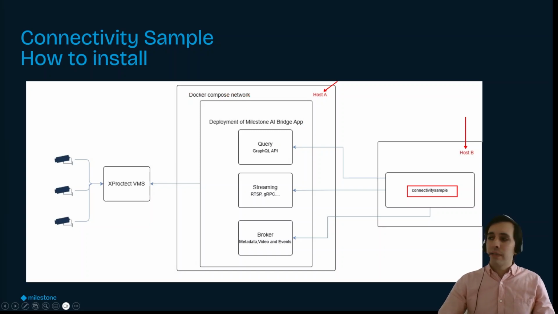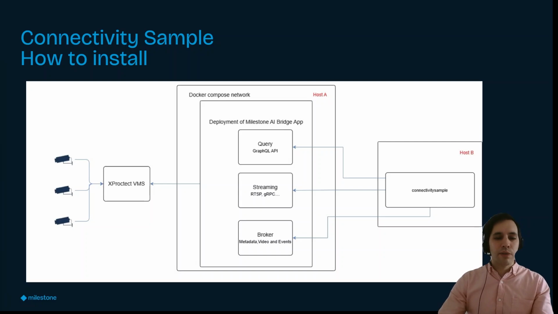When this happens, the AI Bridge must be running in debug mode, since the endpoints and the ports to allow the query, the streaming, or the broker should be accessible from within this host. And this is why we do not recommend this option, because it forces the AI Bridge on running in debug mode.